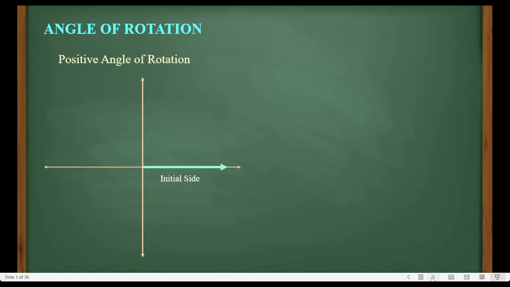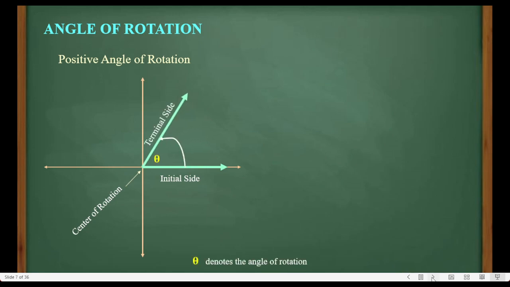And so we call it the initial side, and from that point a rotation is taking place, and it generates a positive angle of rotation.